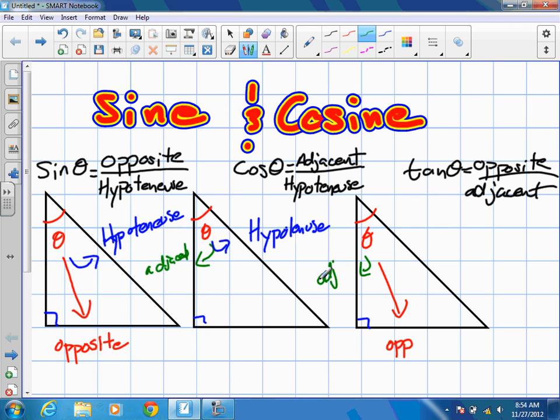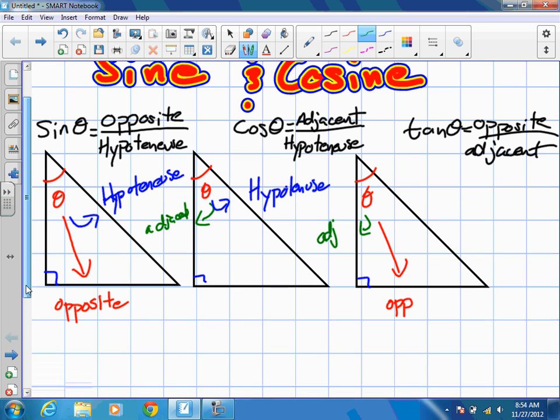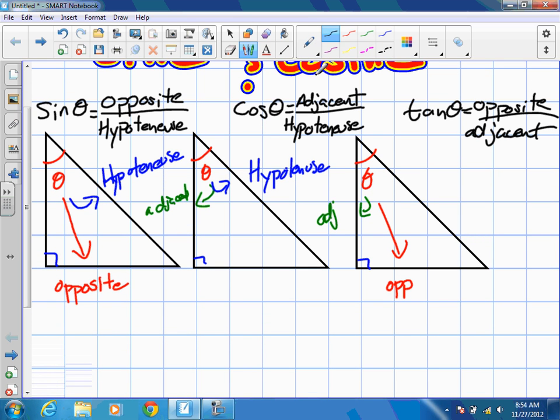Now, it can be tough to remember these. So there is a mnemonic device they use, and what they say is Sohcahtoa. And the reason they go about saying this is to remember what each of the ratios is equal to.